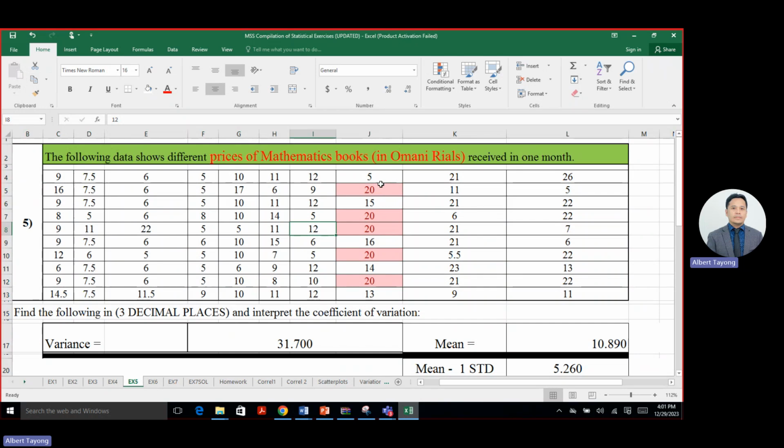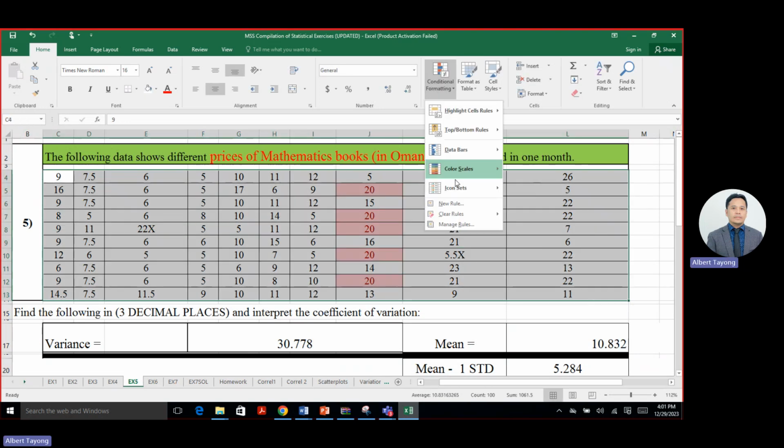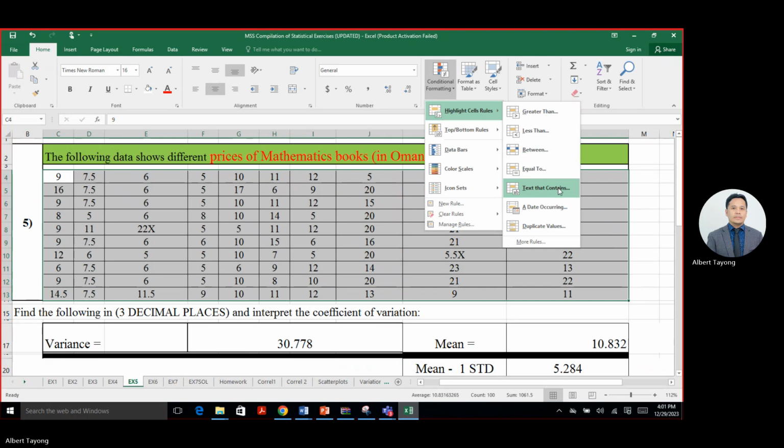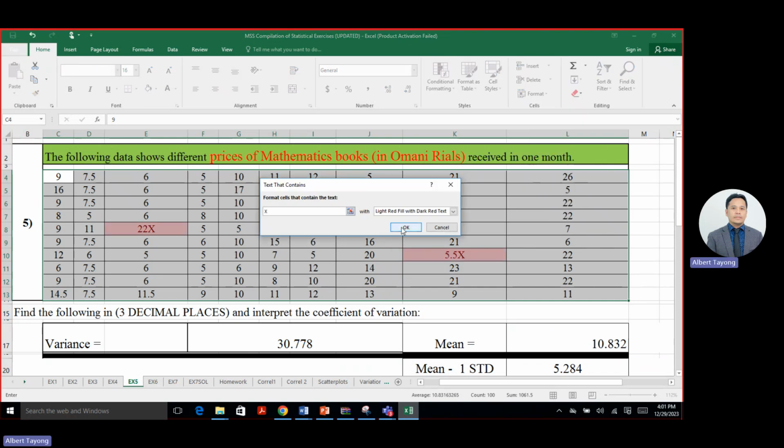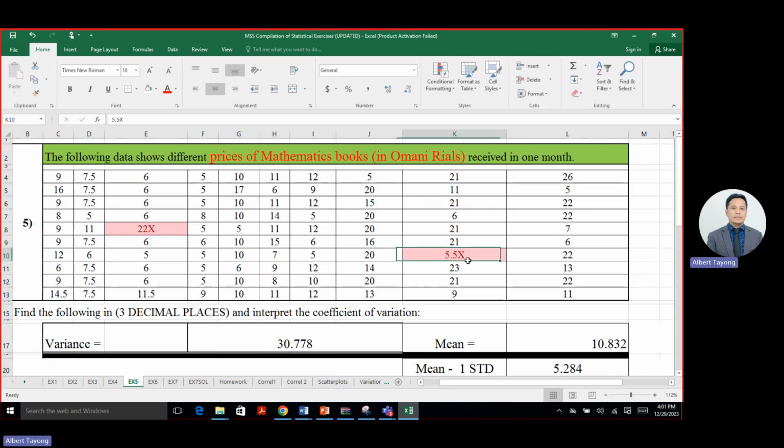Or maybe we have some variables here, assuming this is x, and here we have x. You can clear, and then conditional highlight, text that contains x. It's going to highlight the cells with x.